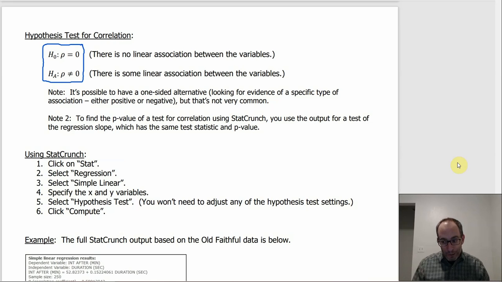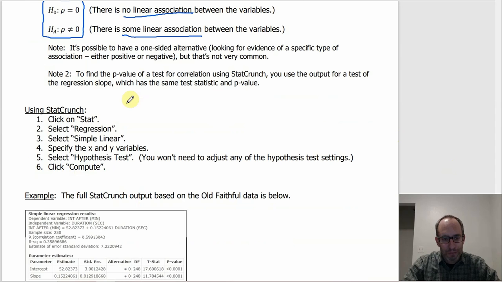If it's 0, that's no linear association. So the null is no linear association, a correlation of 0. And the conventional alternative is some kind of linear association, and we're not going to worry about making it any more specific than that. Any correlation that's not 0.